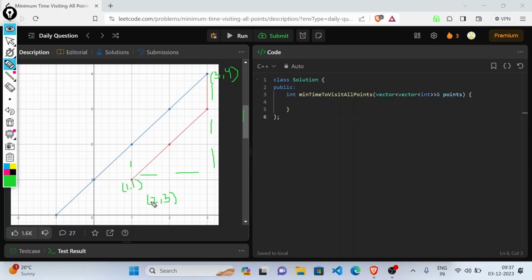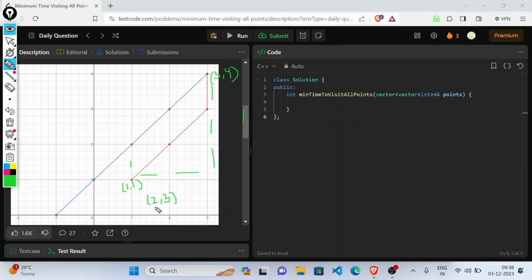After traveling along two diagonals, we have traveled 2 in x and 2 in y, and we are remaining with one vertical move only. So the minimum gives us the number of diagonal travels, and the remainder gives us the number of horizontal or vertical travels.